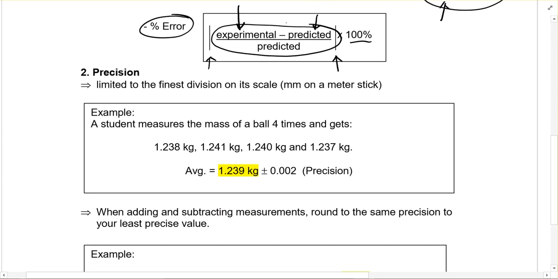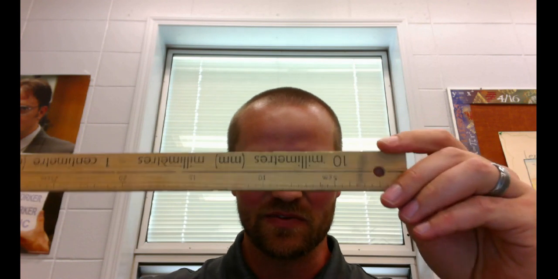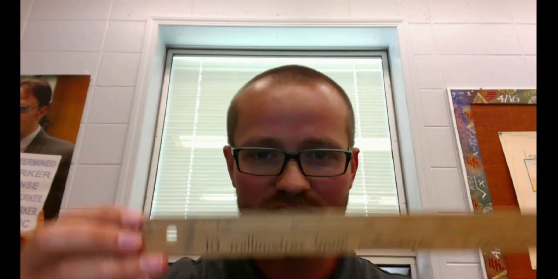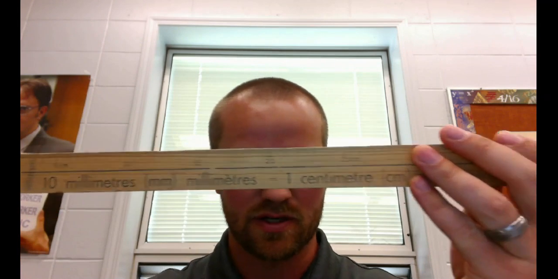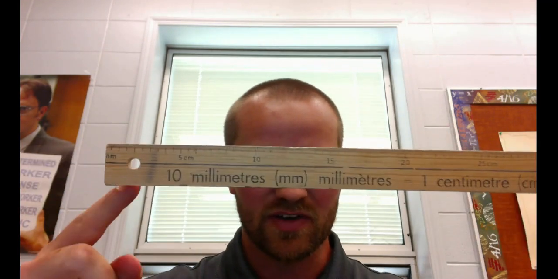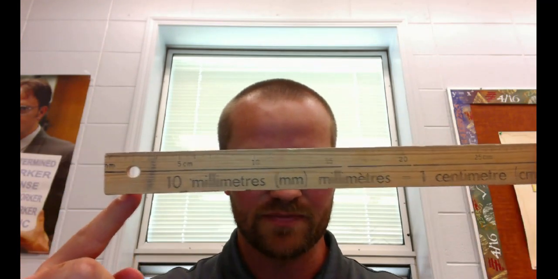Now, precision. Precision is limited to the finest division on its scale. What I mean by that, let's see if I can turn the camera around. Okay, if we look at our scale here, I've got millimeters on this top one, right?